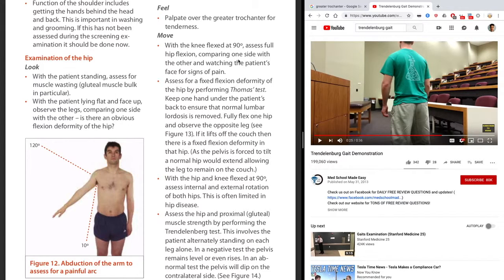Try and push the hip as high as you can. So next you're going to do the fixed flexion deformity test, which is known as the Thomas test.